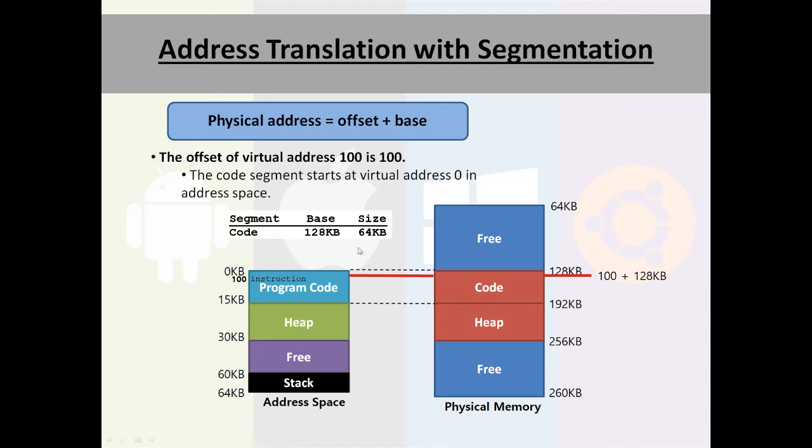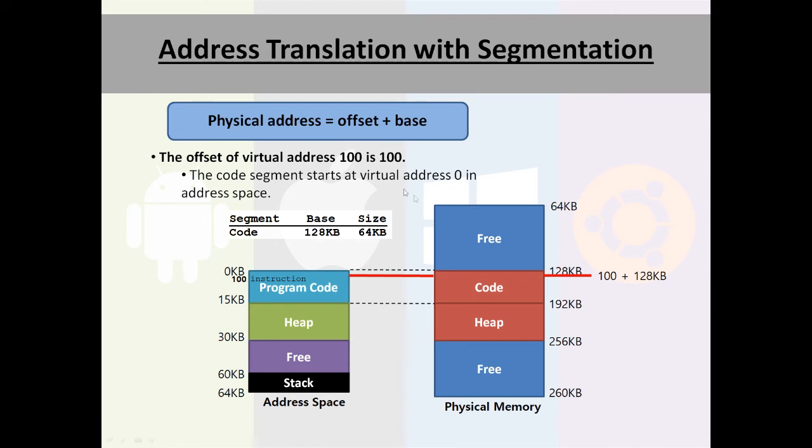Now, how does this translate into a physical address? Well, we take that offset, which is 100, and we add the base. The base is once again stored in that segment register, and you can see it's 128. So this instruction will be represented somewhere here in memory at address 100 plus 128 KB.